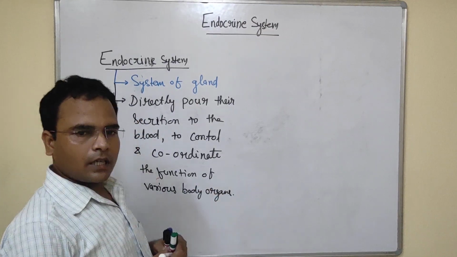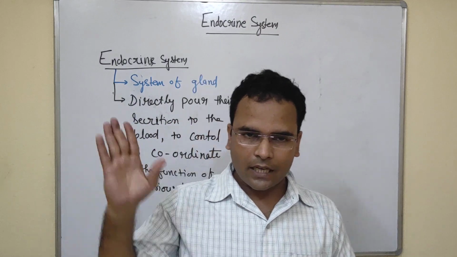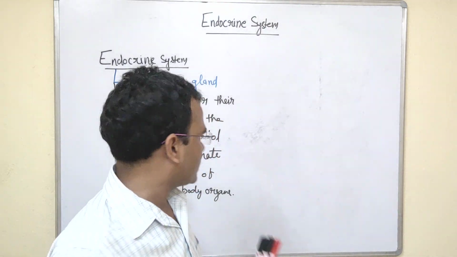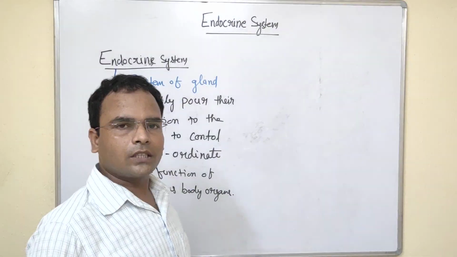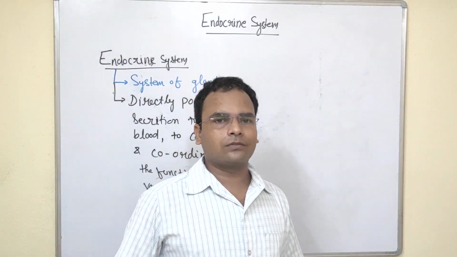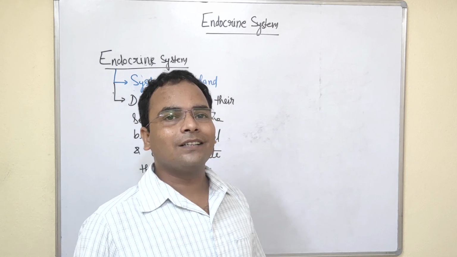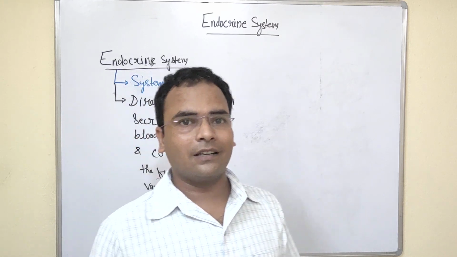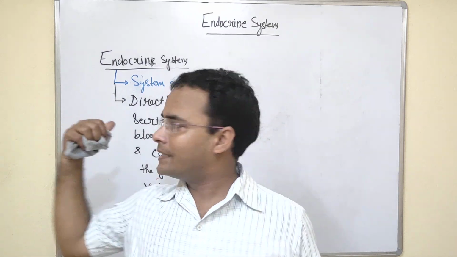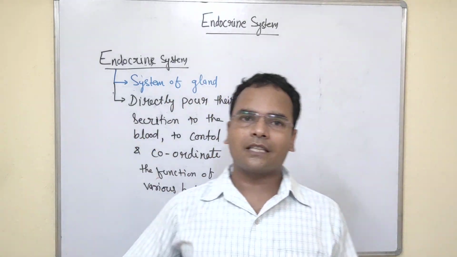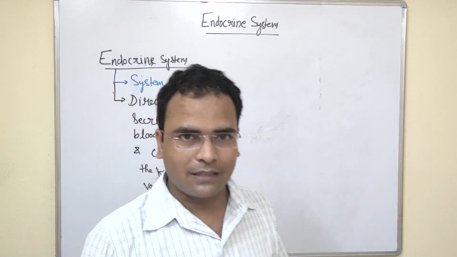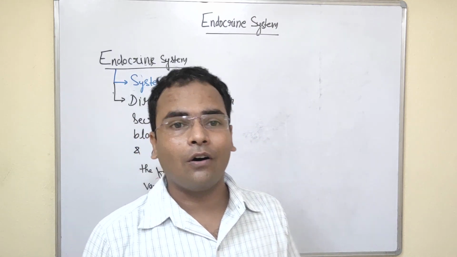The next question you can ask is, if the endocrine system does this work, then what is the function of the nervous system? The nervous system is also controlling the function of the entire body. But the nervous system controls with the help of nerve signals, the electrical signals, while the endocrine system controls the function with the help of chemical messengers, which are called hormones.